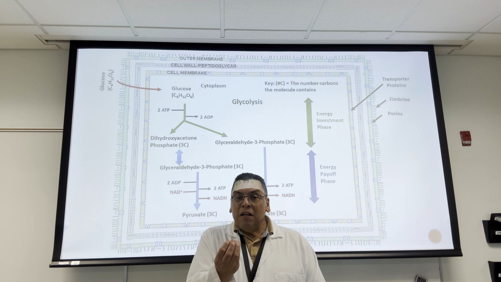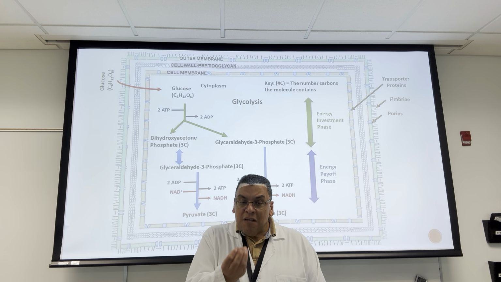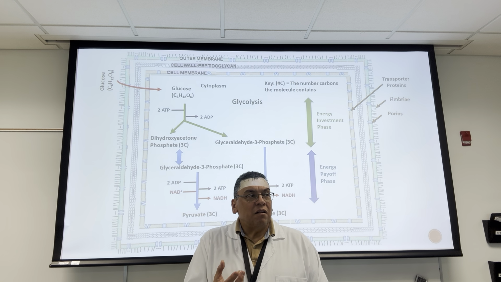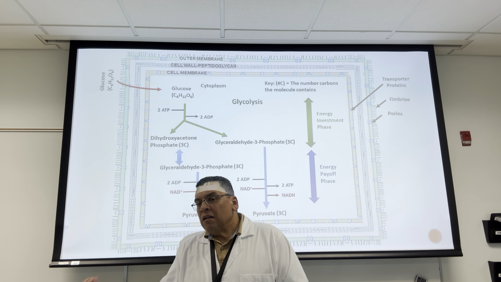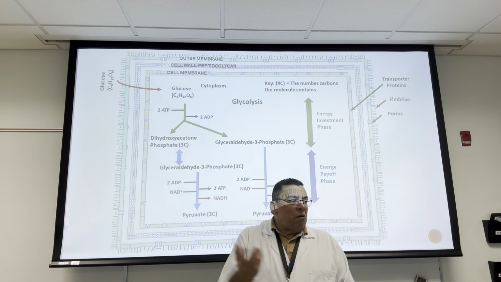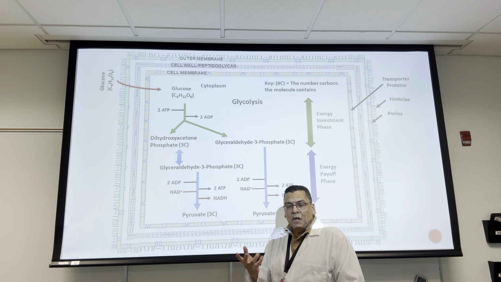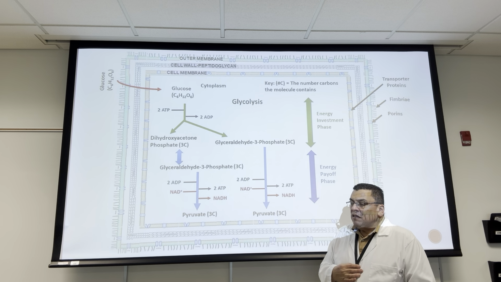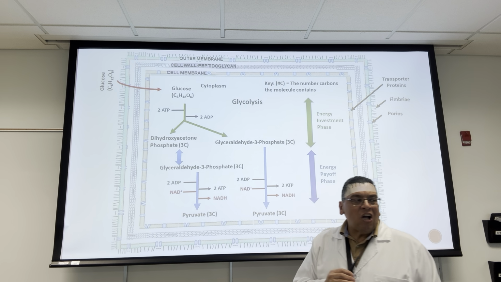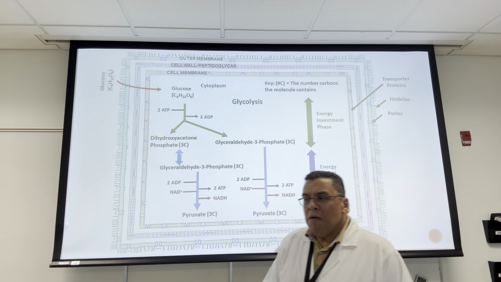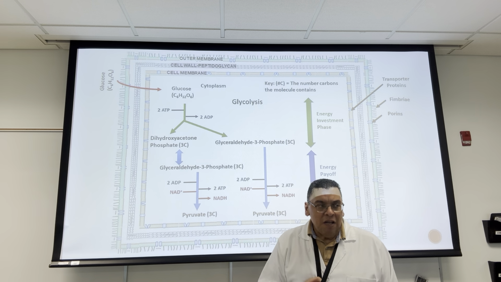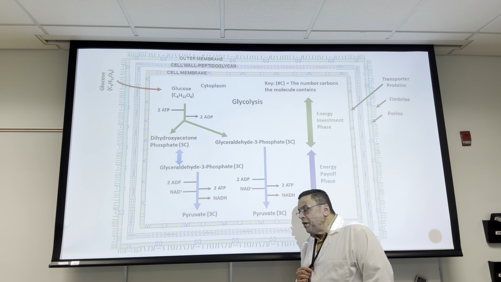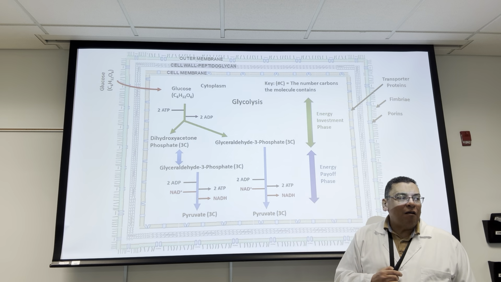When the phosphate is removed from a substrate and given to ADP, that's the simple way of making ATP. All 4 of these are made this way. The 4 ATPs made in glycolysis are made by substrate level phosphorylation that I refer to as SLP.